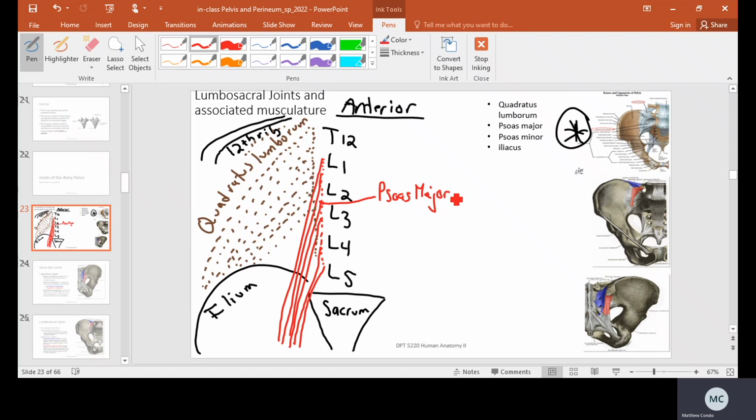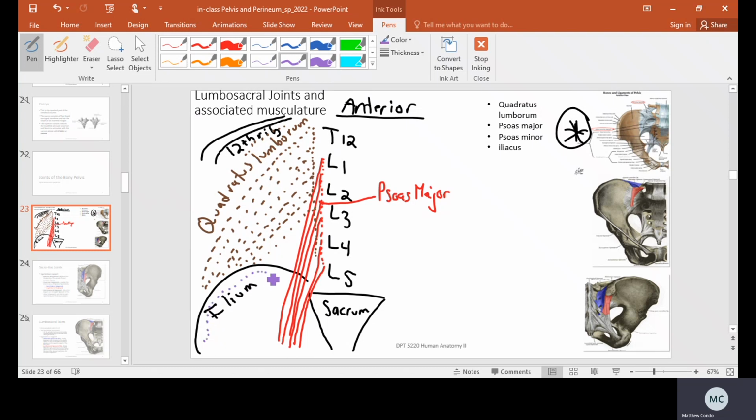What we're going to see is our psoas major combines with another muscle that originates off of the iliac crest, or the iliac fossa to be more specific.